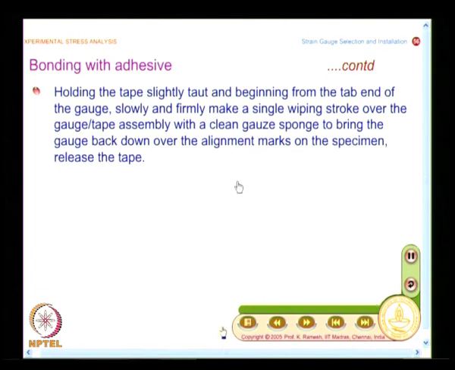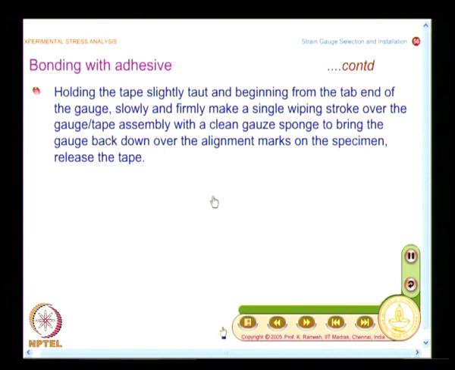So, what you need to do is, holding the tape slightly taut and beginning from the tab end of the gauge, slowly and firmly make a single wiping stroke over the gauge tape assembly with a clean gauze sponge to bring the gauge back down over the alignment marks on the specimen, and release the tape.